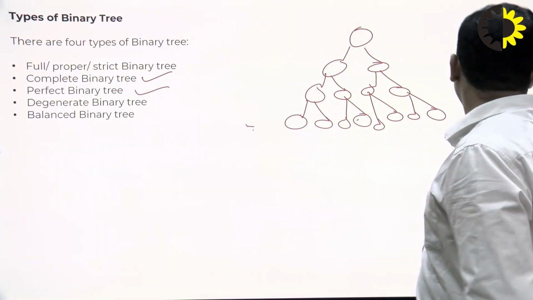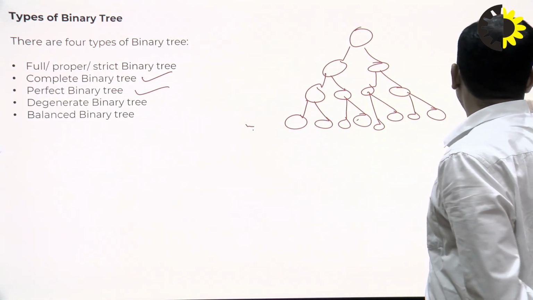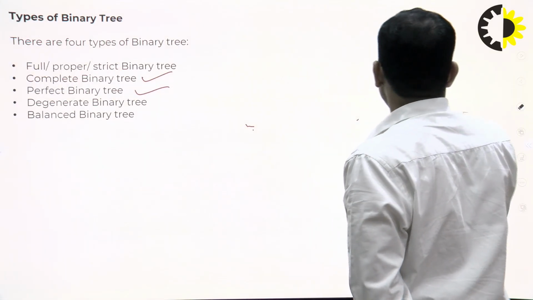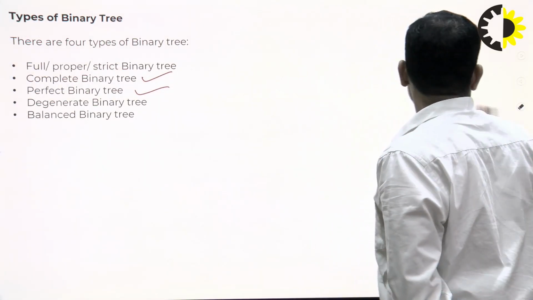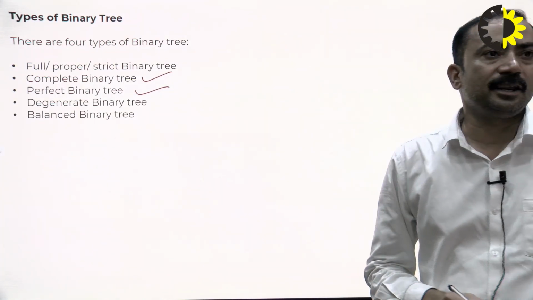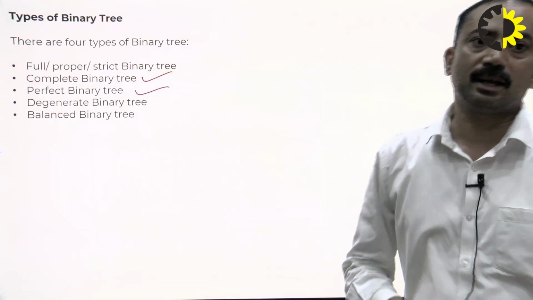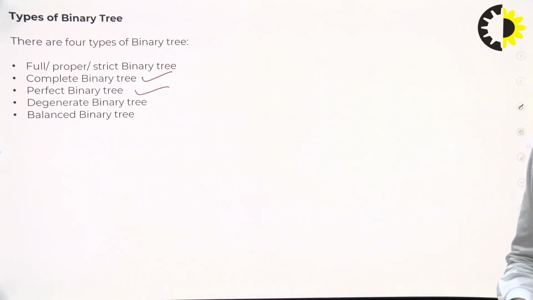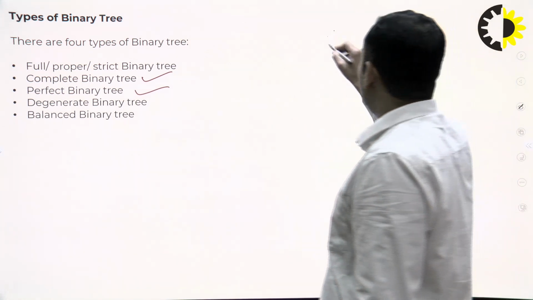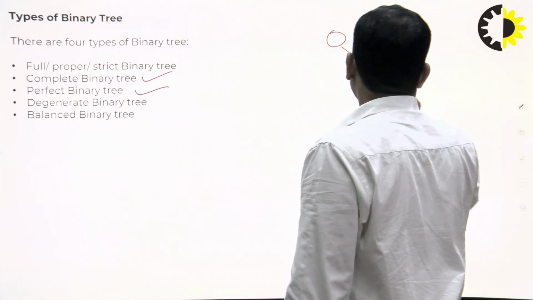Next type of binary tree, we have a degenerated binary tree. A degenerated binary tree is a tree in which all the internal nodes have only one child, like this.